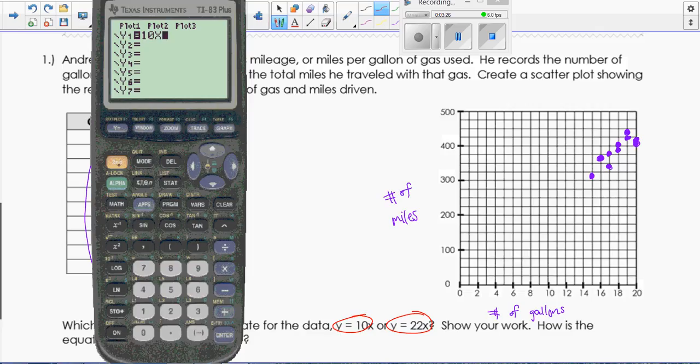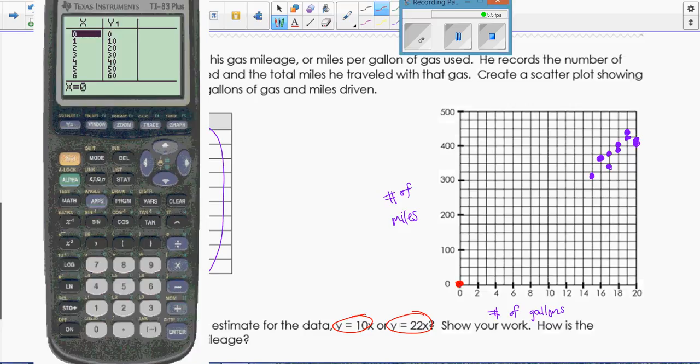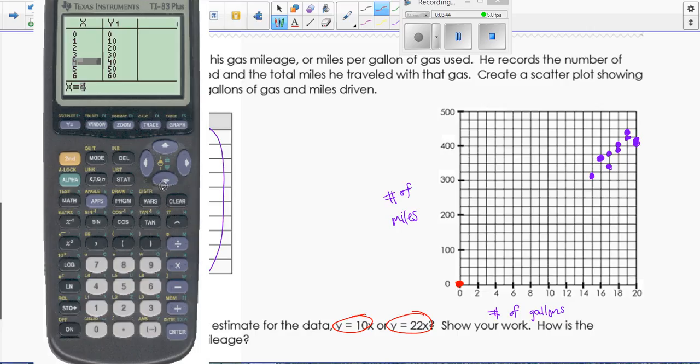Alright, so then I'm going to look at my table of values, and I'm going to plot some of these points. I'm going to start at 0, 0. I'm going to plot a couple of these points, but not all of them. I'm going to go over to 8, 80, plot that point.